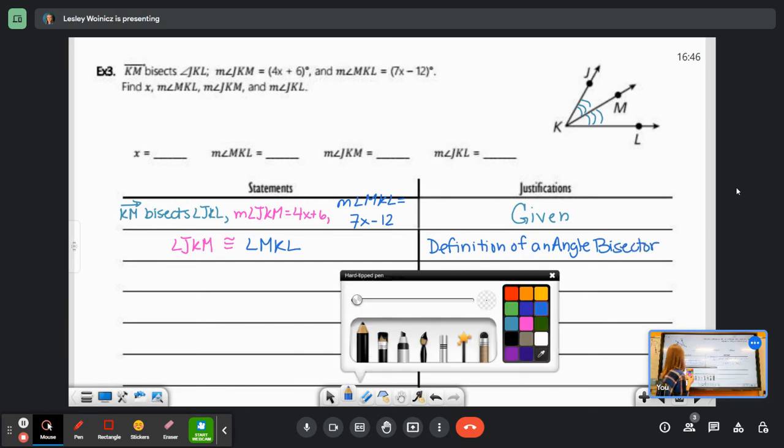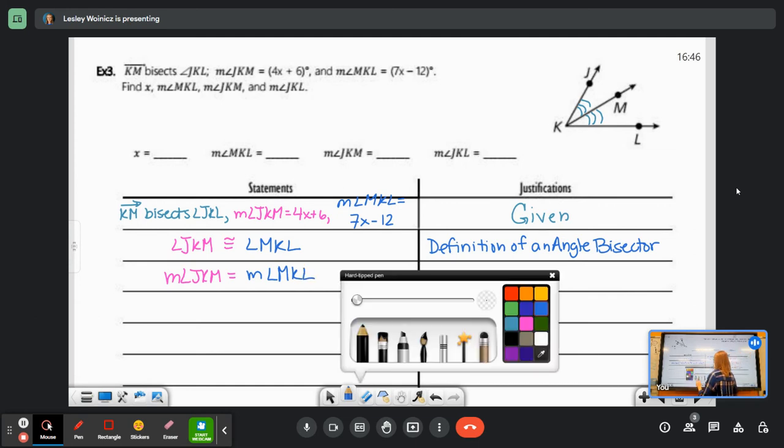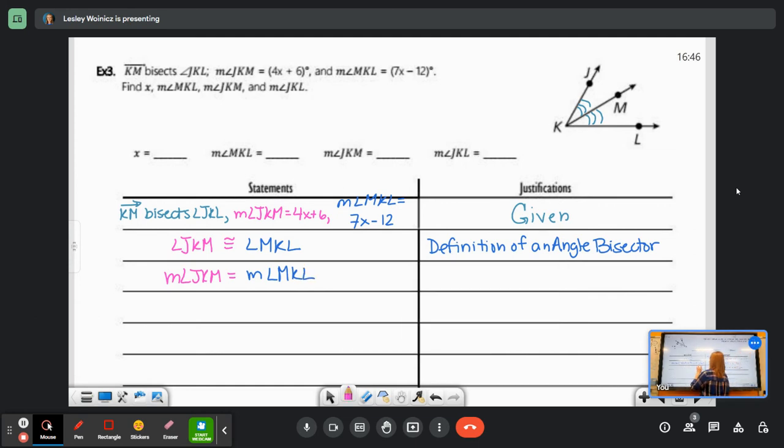Okay, next. We know that if they're congruent, their measures are equal. So the measure of angle JKM is equal to the measure of angle MKL. And that is because of the definition of congruent.